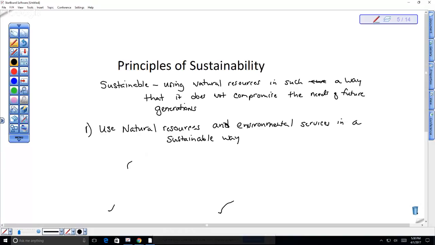Okay, so environmental services are natural processes that help to regulate our environment. When we look at the carbon cycle, for example, an example of this is regulation of the carbon cycle.